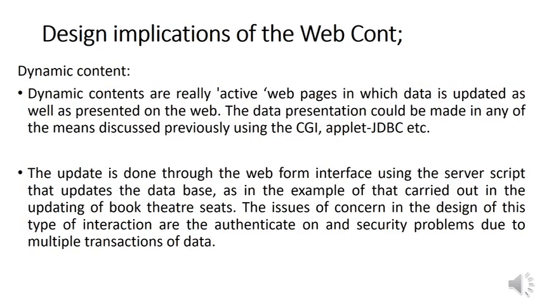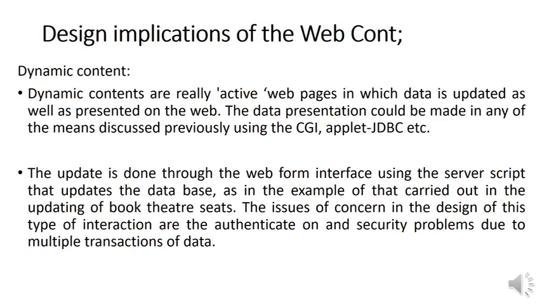So, dynamic content. Dynamic content are really active web pages in which data is updated as well as presented on the web. The data presentation could be made in any of the means discussed previously using CGI or applet.